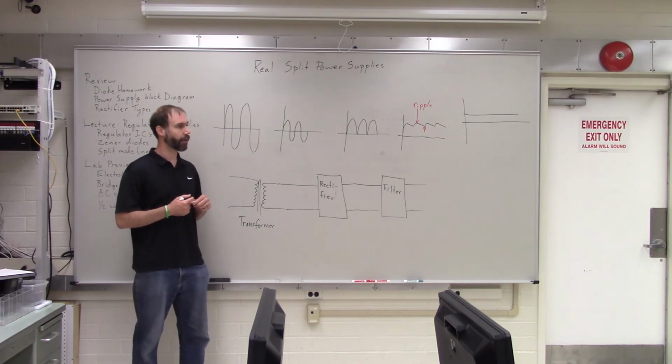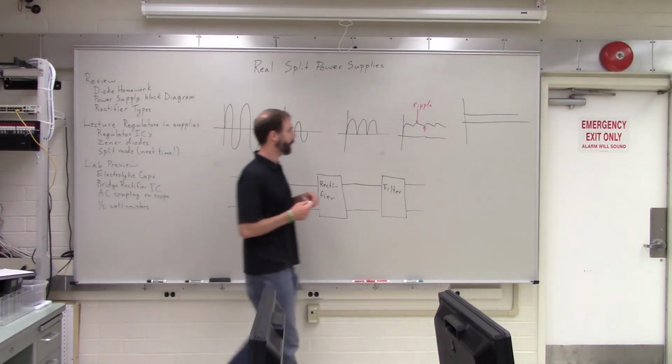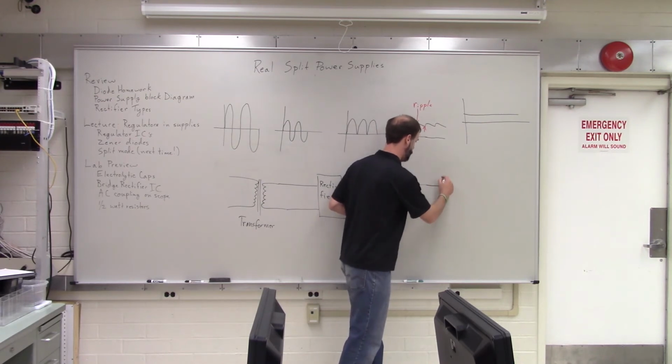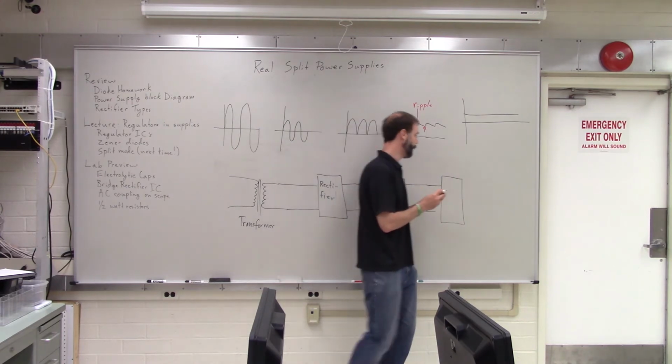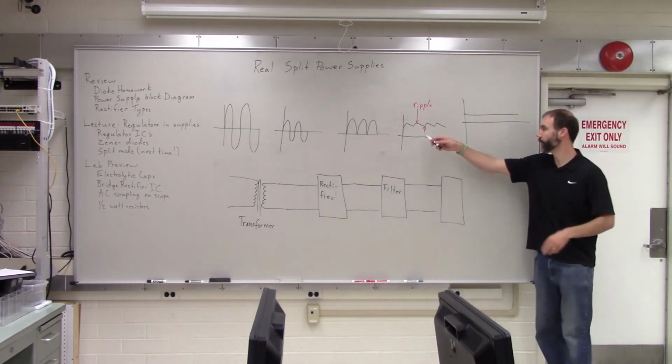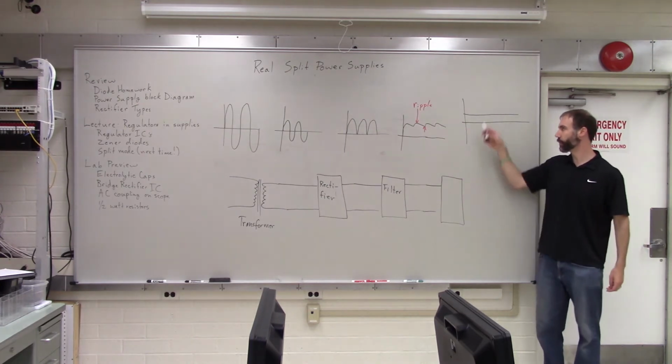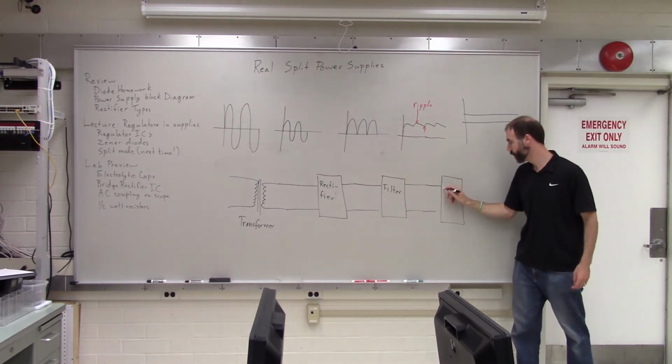That's where they come out with the regulator. Right, that's the last part. So the regulator is the last part that goes from the slightly wavy signal to a nice flat DC signal.